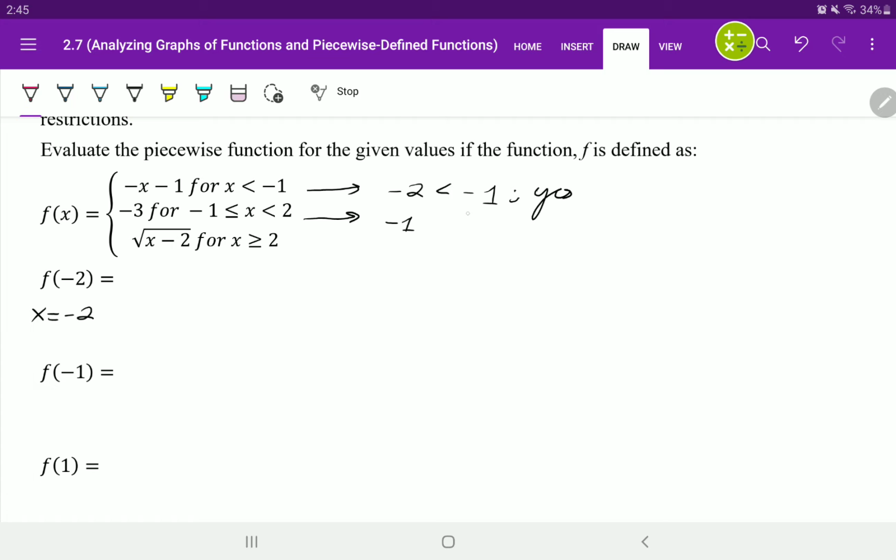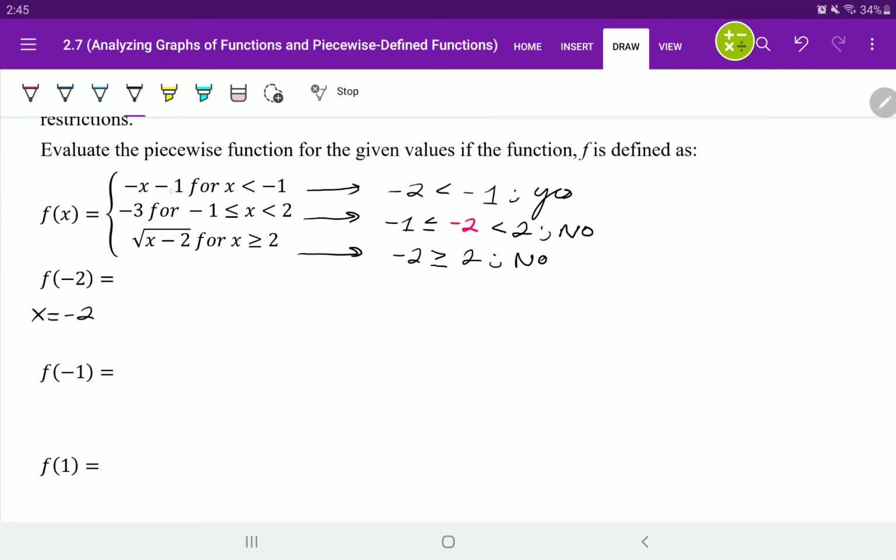Is negative 2 a value that is between negative 1 and positive 2? The answer is no. And we know that negative 2 is not greater than nor equal to positive 2.